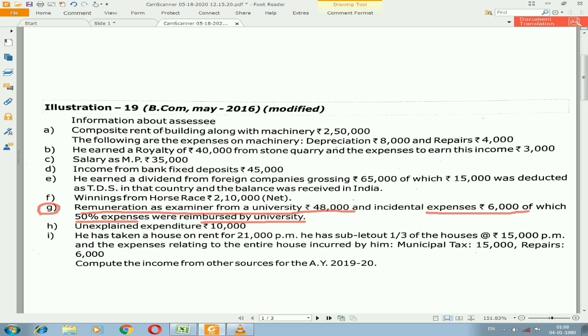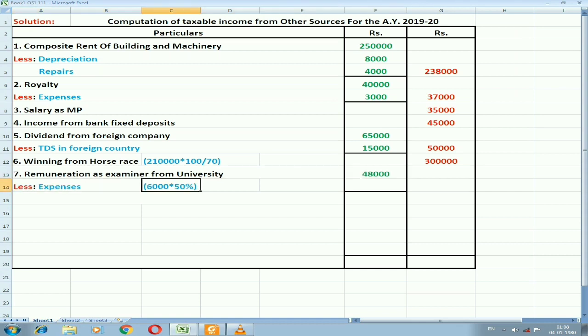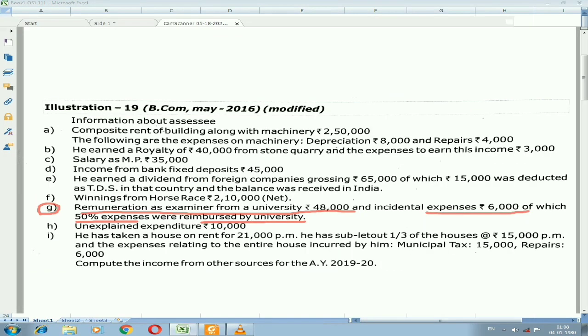So let us take 48,000 as remuneration as an examiner from a university, and expenses only 50%, which is paid by the university. 48,000 less expenditure, that is 6,000 into 50%. So we'll get a total of 45,000 in the amount column.